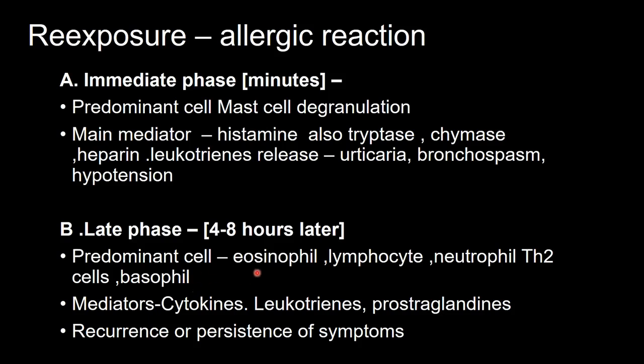There is infiltration of these cells, and the other mediators are cytokines, leukotrienes and prostaglandins during this phase, and there is recurrence of the same symptoms again, and persistence of the symptoms. So during early phase, antihistamine is the treatment, and during late phase, since there is inflammation, there is a role of steroids and anti-leukotrienes.